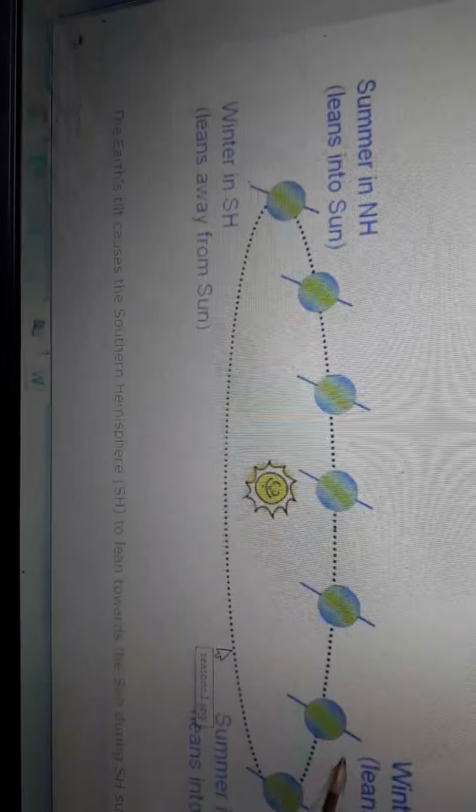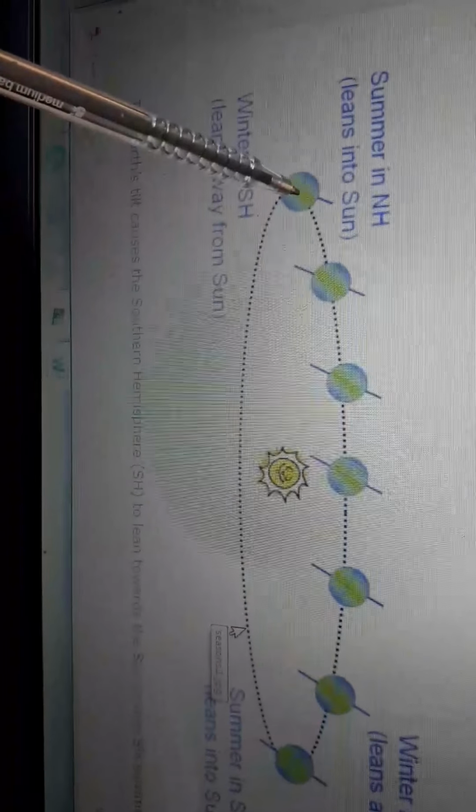However, as the Earth continues to move around the Sun, we end up pretty much 6 months later in this position. Now the northern hemisphere is tilted towards the Sun, so it is going to be summer.